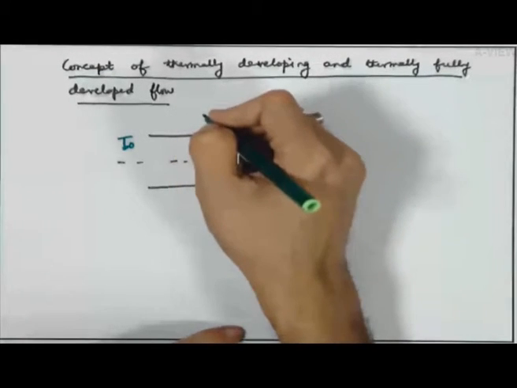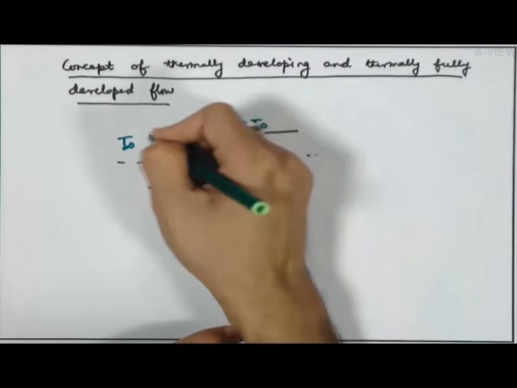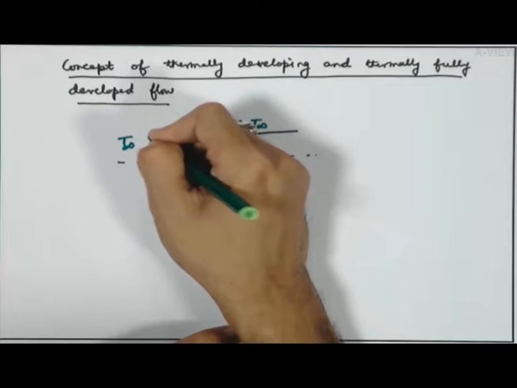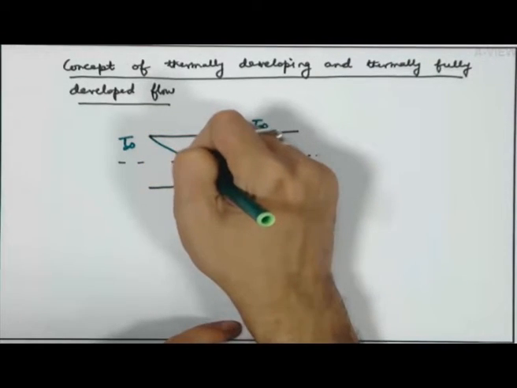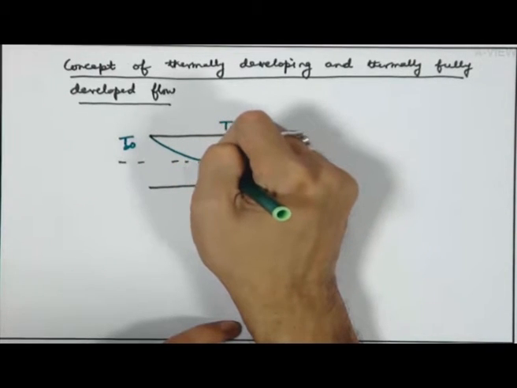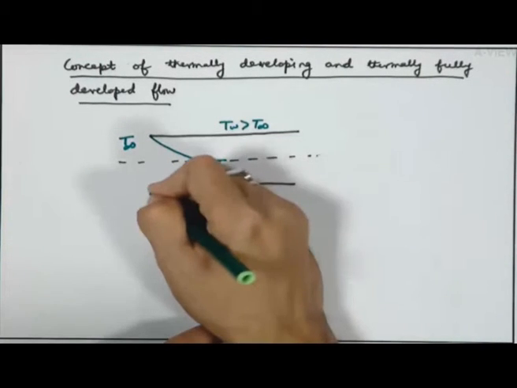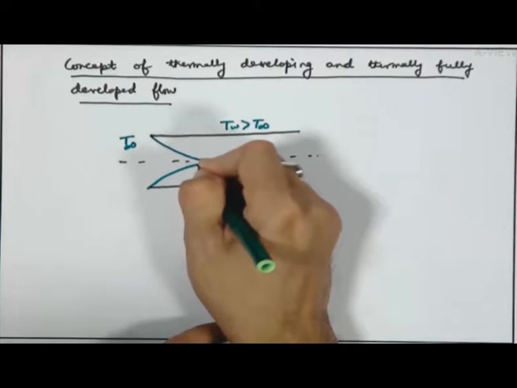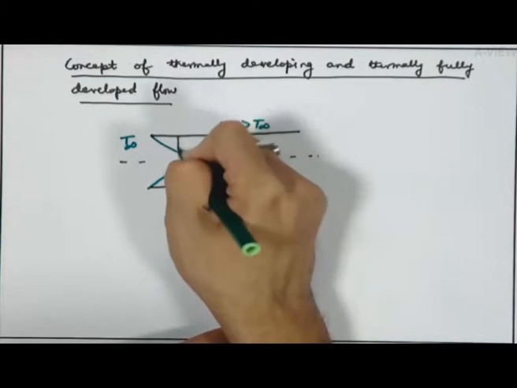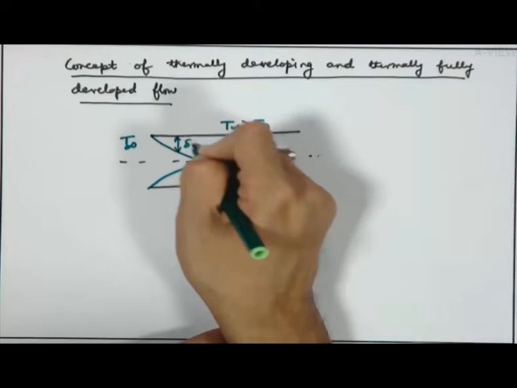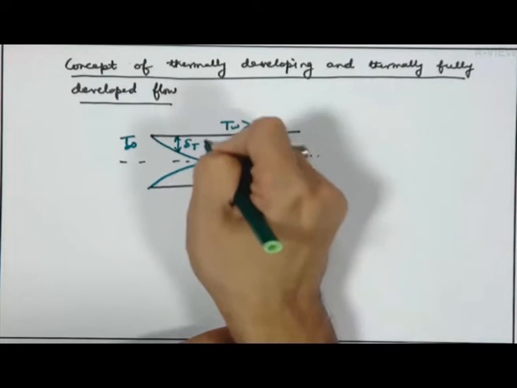So, boundary layer will start developing. This is the thermal boundary layer, and when it is developing, let us say that its thickness is delta T, which is a function of x.